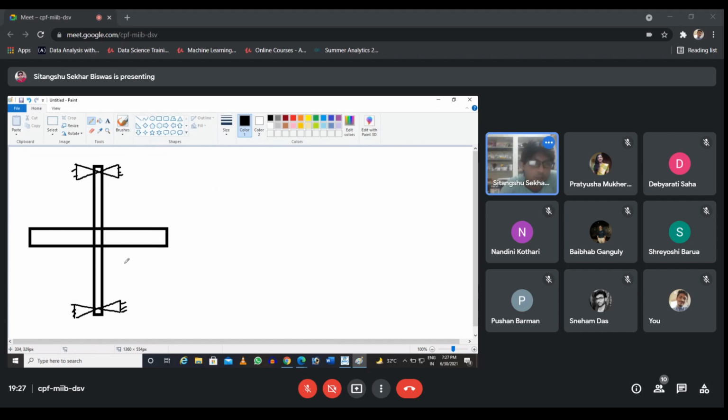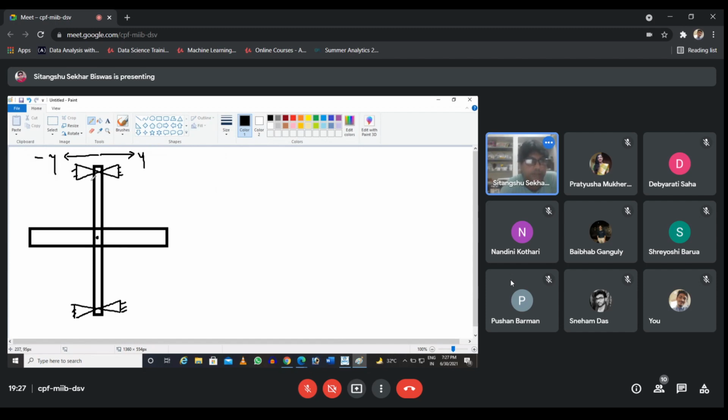So this point is the center of the axis. Okay, so my consideration is this side is positive y, and from this side will be negative y. Now here we are considering only one direction, but practically it may happen something else. This is the center of the axis.